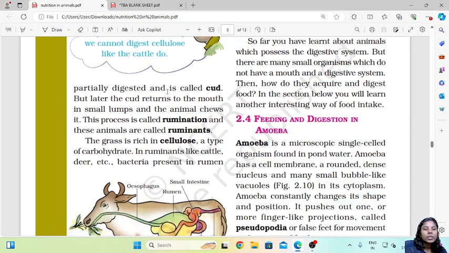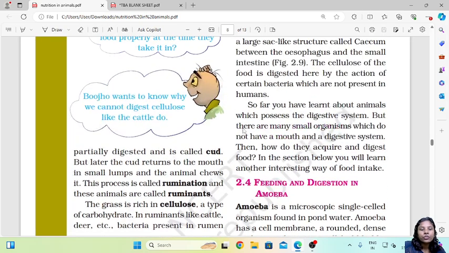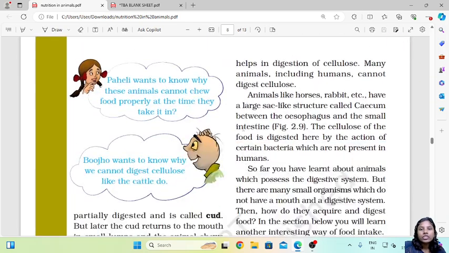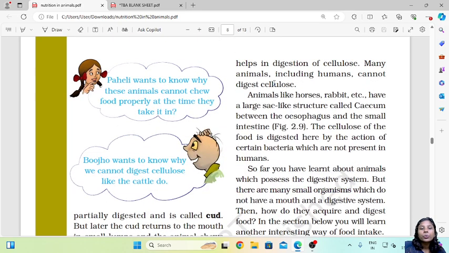So the grass we know is rich in something known as cellulose. It is a type of carbohydrate. In ruminants like cattle, deers, etc., bacteria present in the rumen help in digestion of this cellulose. But why is this happening? Because cellulose is not so easily digestible, so therefore it requires some bacteria that are present in the rumen.